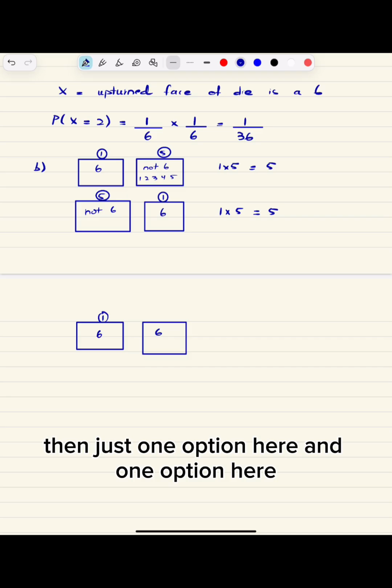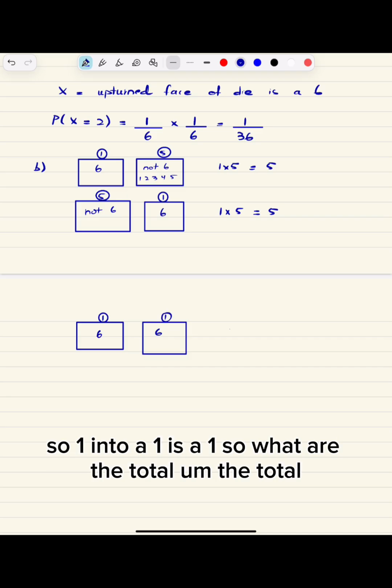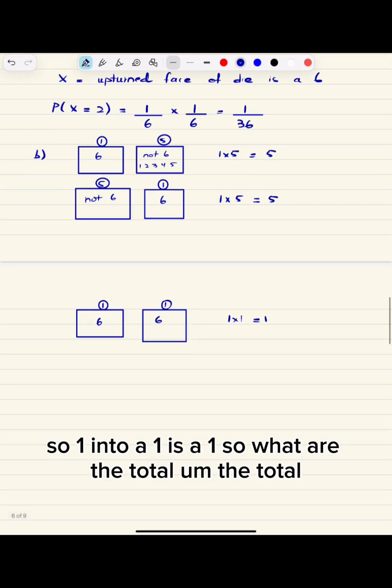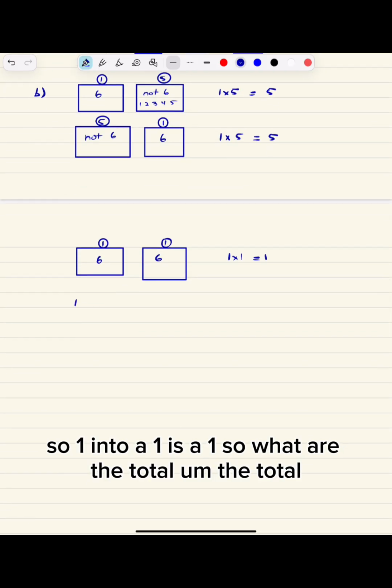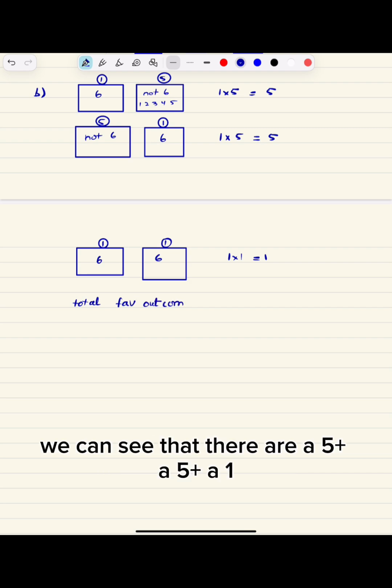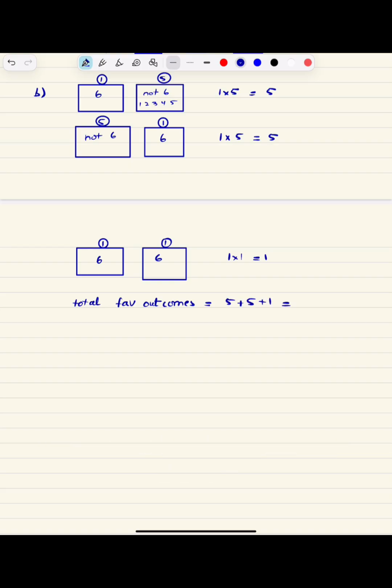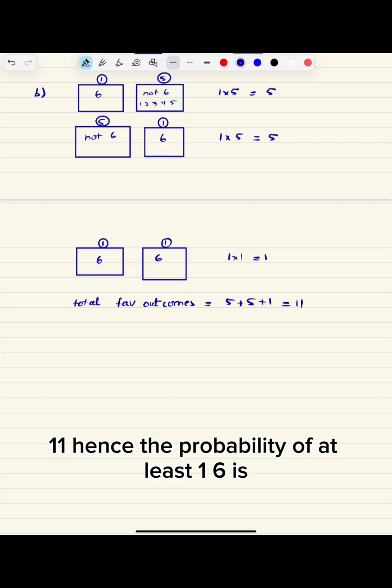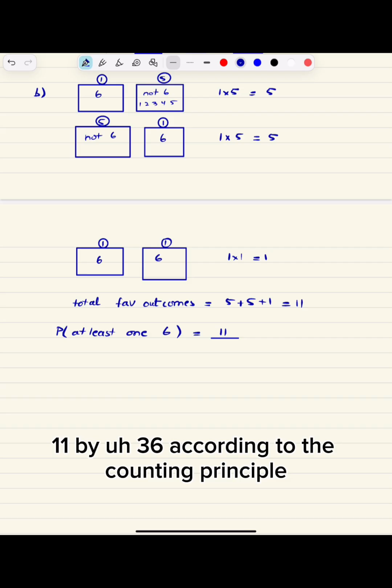Then just 1 option here and 1 option here, so 1 into 1 is a 1. So what are the total favorable outcomes? We can see that there are 5 plus 5 plus 1, 11. Hence, the probability of at least 1 6 is 11 by 36 according to the counting principle.